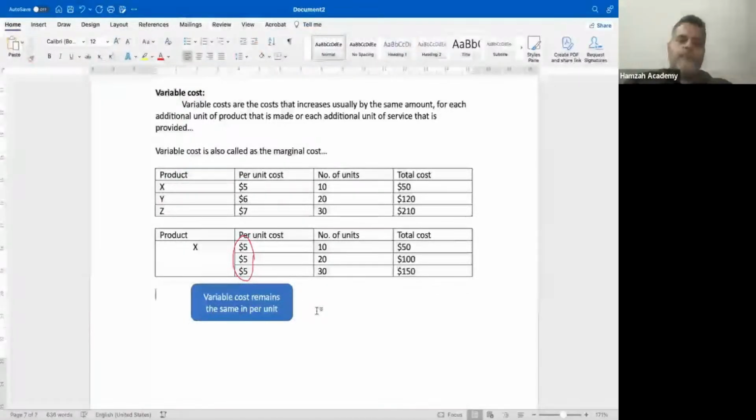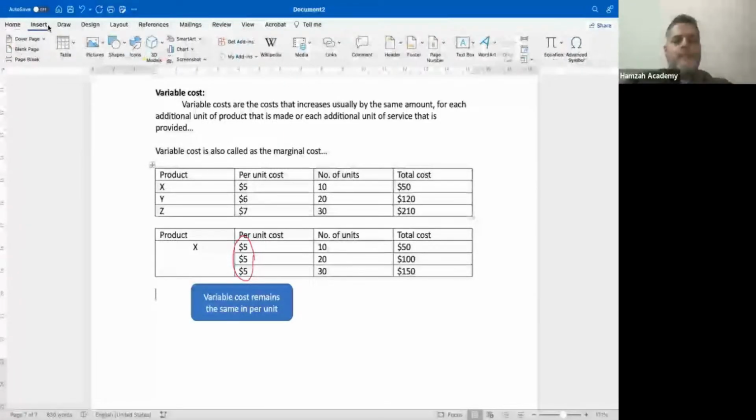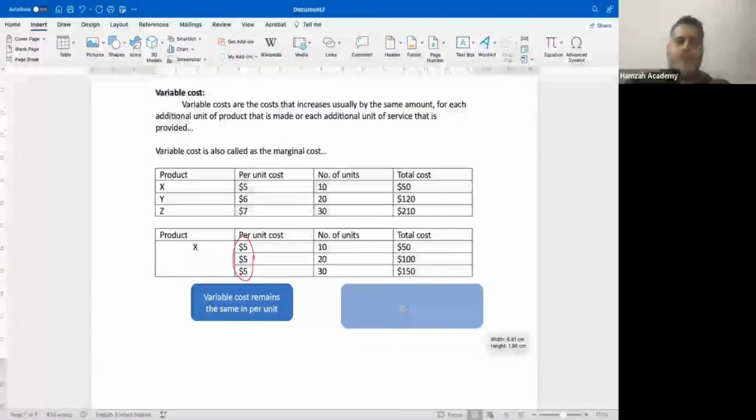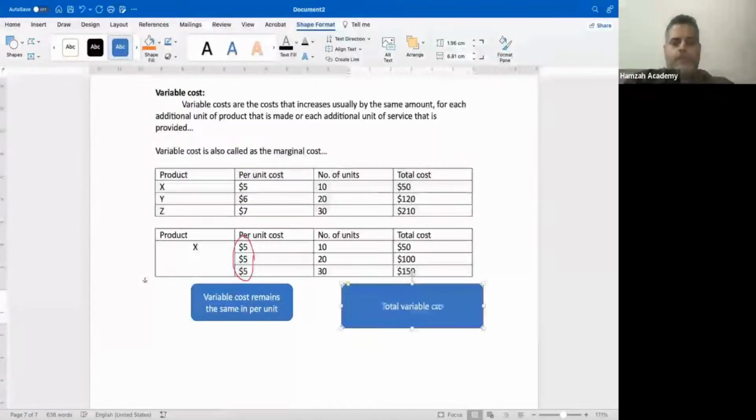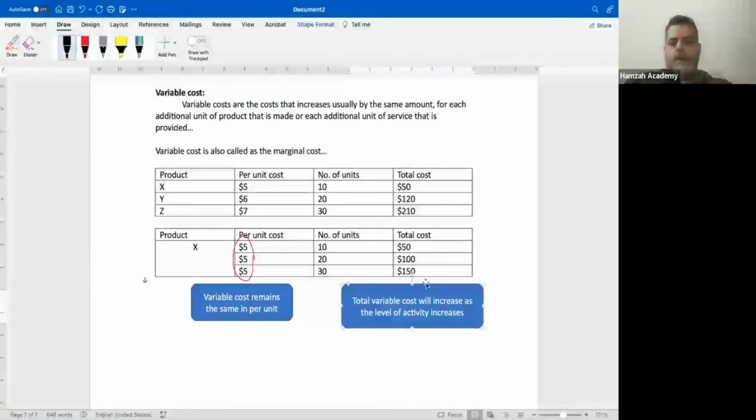And if I talk about the total variable cost, it will increase as the level of activity increases, right?